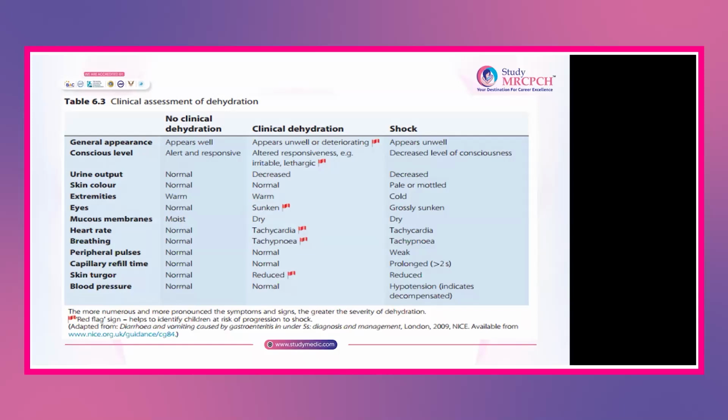When you combine these signs, or you find even one of them, there is high risk of progression to shock. It is better to initiate the fluid and monitor him closely until he gets out of this and does not enter further deterioration into the shock form.